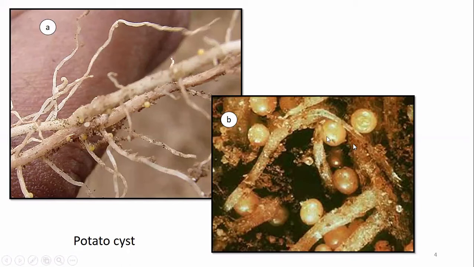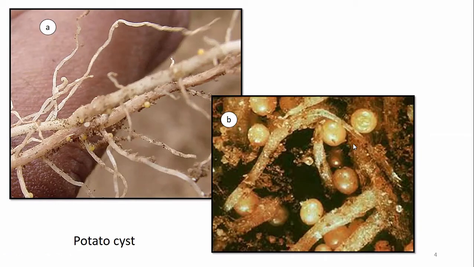Inside the potato cyst there are eggs. Normally 200 to 600 viable eggs are contained inside a potato cyst. When suitable climate comes, these cysts will burst and the eggs will come out.